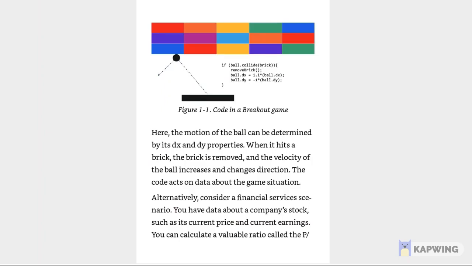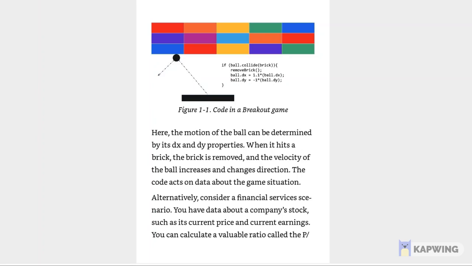So here is a small piece of code: if the ball collides with any one of those bricks, then you remove that brick. The function is called, and ball.dx is set to 1.1 times ball.dx, and ball.dy equals -1 times ball.dy.